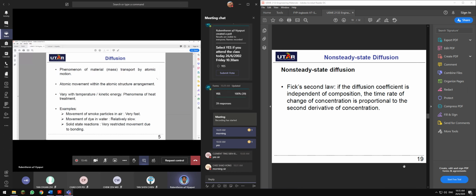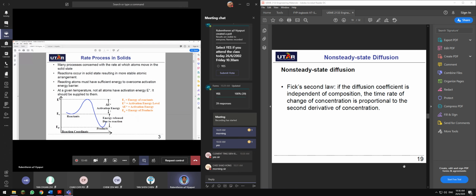Why does this happen? This happens because you have an extra energy given to the atom to reach its activation energy and unlock itself from the governing energy within their atomic arrangement. So once it has the extra energy to loosen itself, it starts to transport. Diffusion results in a more stable atomic arrangement.